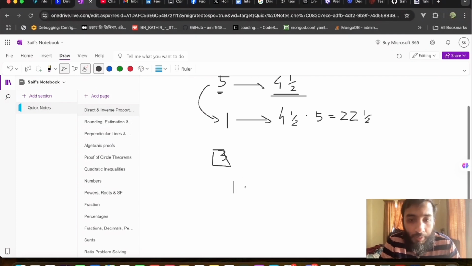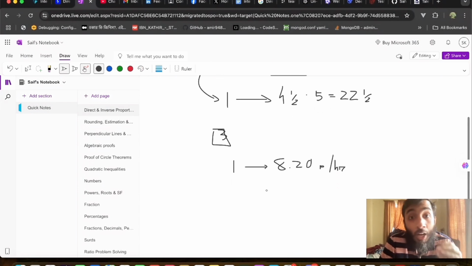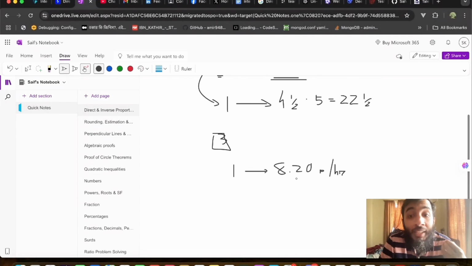We have to figure out how much each cleaner will be paid today. To figure that out, we need to work out how many hours each cleaner will work today.